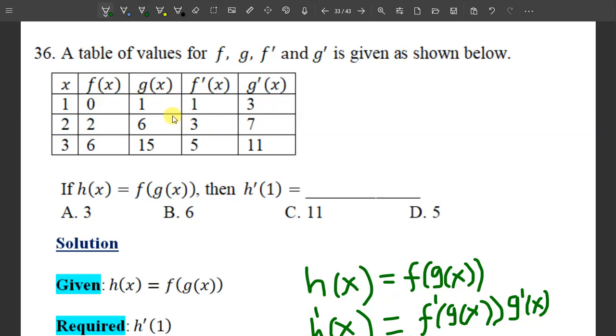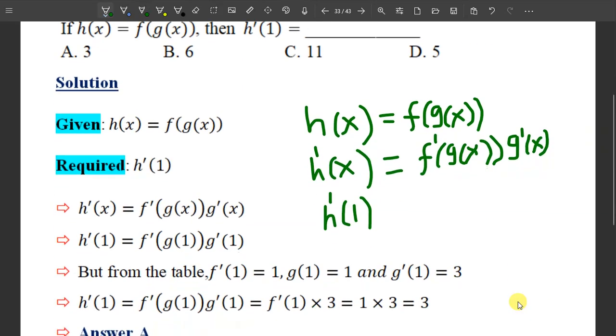And then here we say g of 1. What is g of 1? g of 1 is 1. And then f prime of 1 is also 1. But g prime of 1, as you can see, is 3. Therefore, 1 times 3 gives us 3 itself.